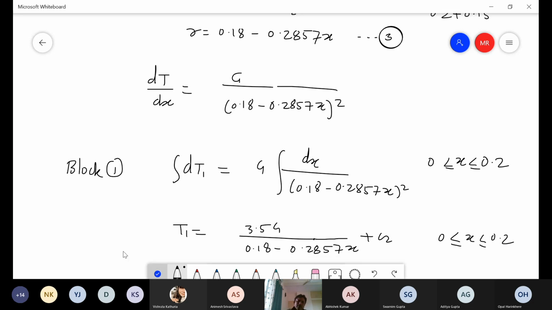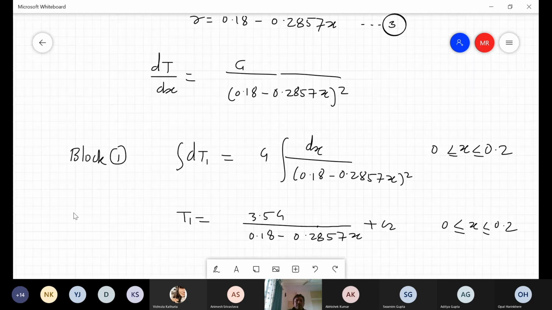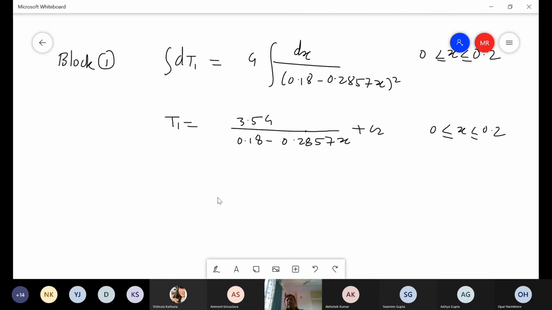Is it correct? This equation is correct? So we are looking at the temperature distribution only in the block 1, and that temperature we have denoted by T1. Is it okay?